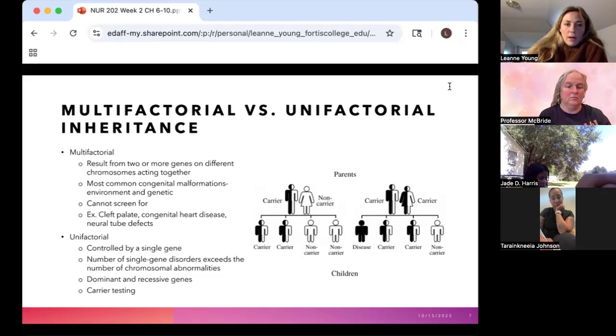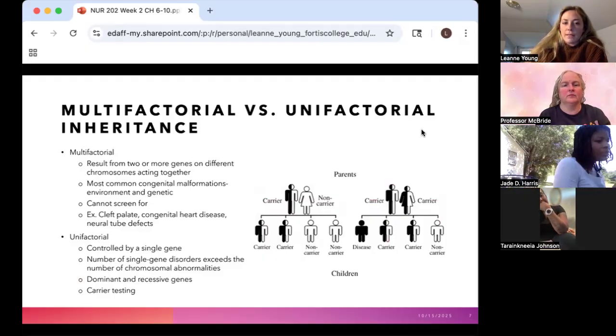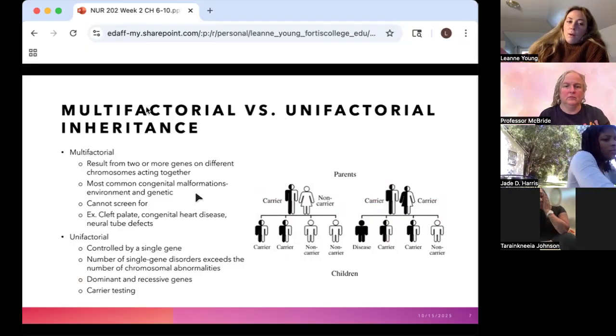So we're going to be moving on here to multifactorial and, sorry, one second, unifactorial inheritance. So multifactorial inheritance, this is resulting from two or more genes on different chromosomes that are acting together.